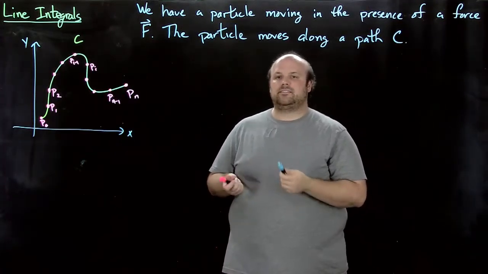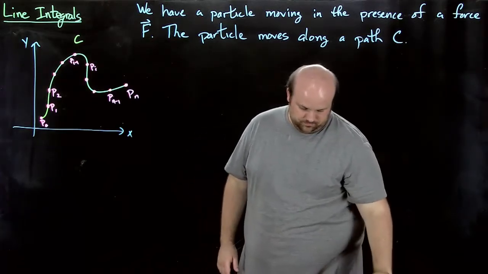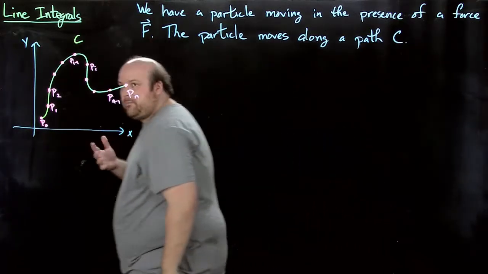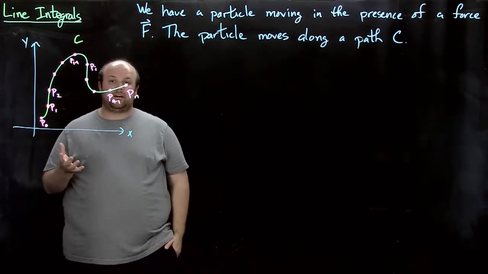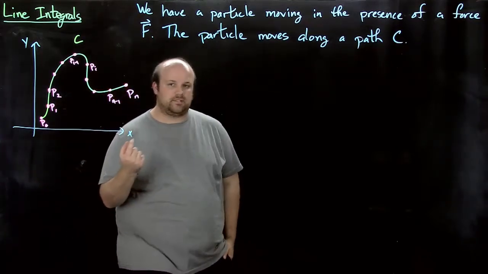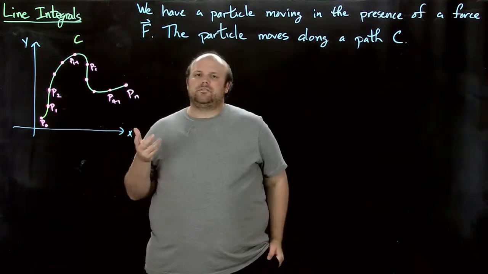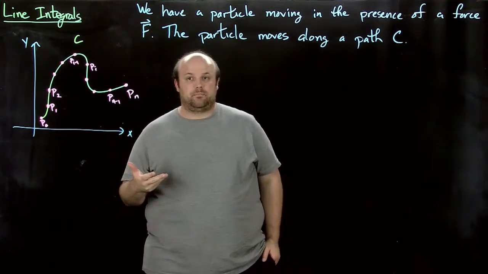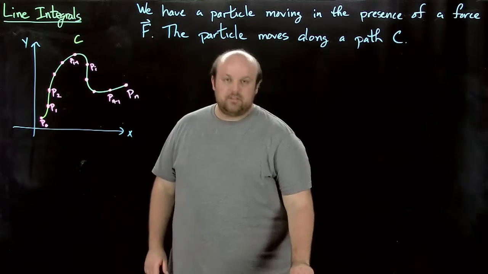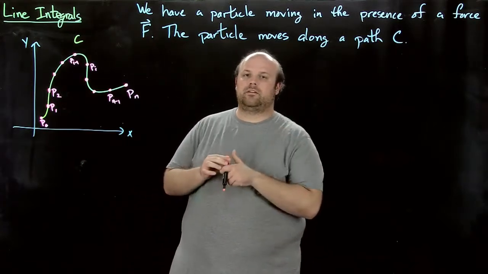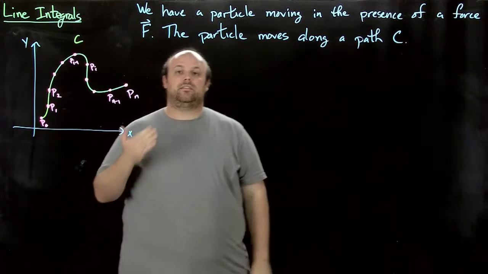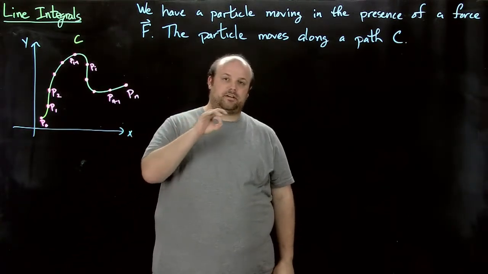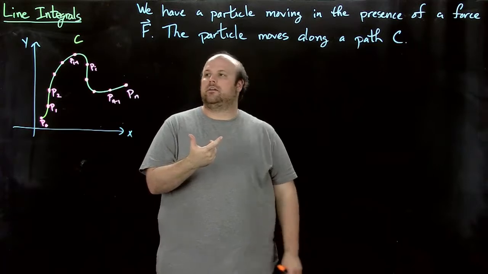But now we have to ask ourselves, how can we approximate the work on each of those segments now? So we have to do what's kind of like a linearization of the problem, right? So remember, work was given by the constant force dot product with the displacement vector.